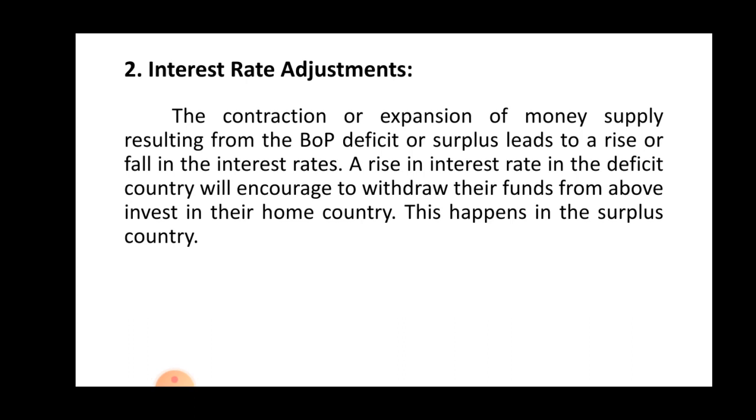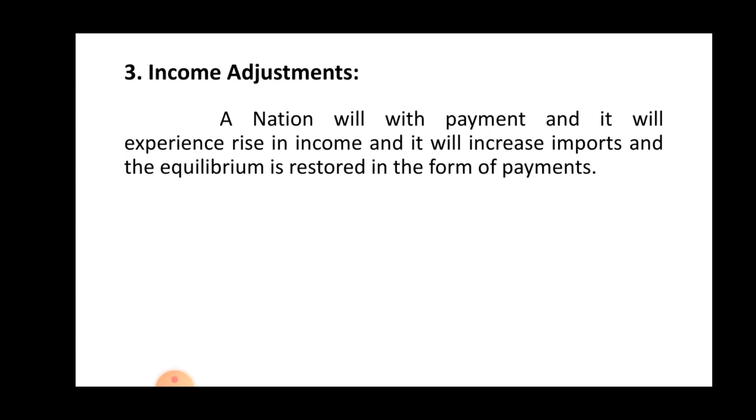And the third one is income adjustment. A nation with a payment surplus will experience rising income, which increases imports, and therefore equilibrium is restored in the balance of payment.